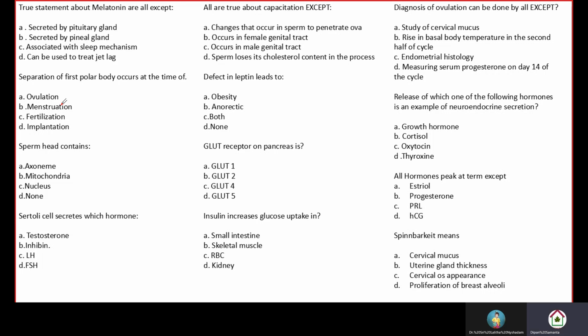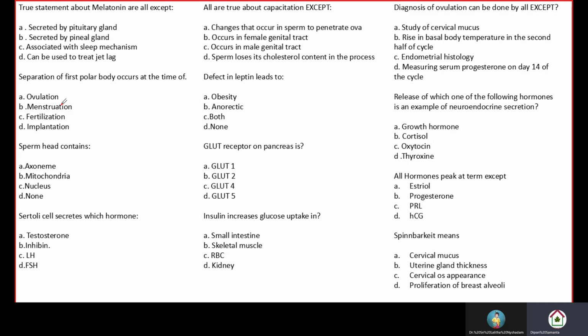Melatonin is secreted by pineal gland, as we know. It's very easy actually. Its synthesis and secretion is increased remarkably in the dark period of the day, that means night time, and maintained at low levels during the daytime.